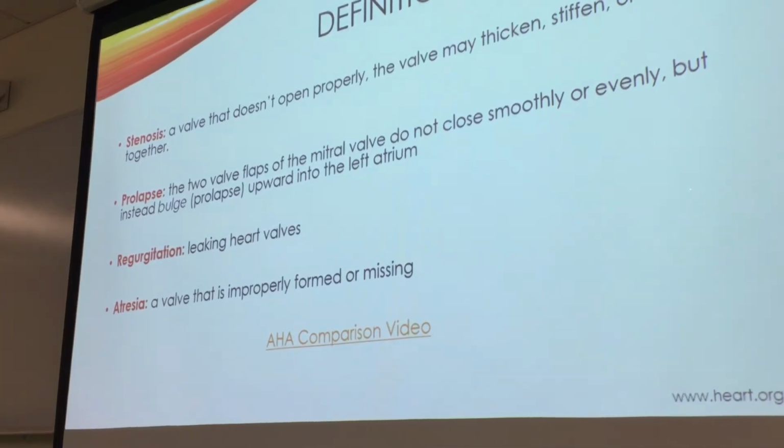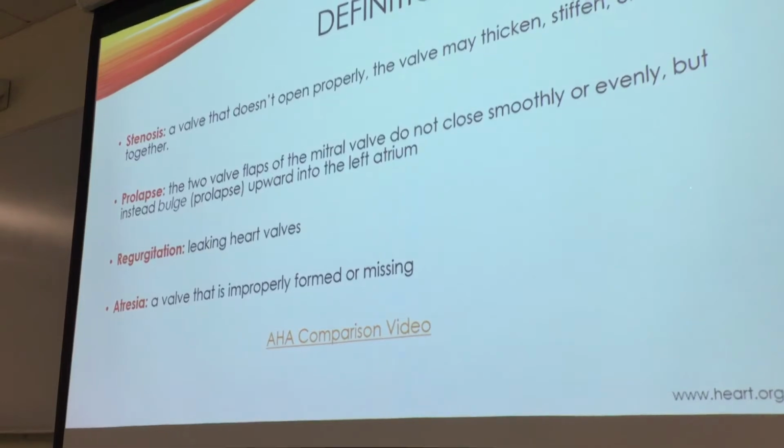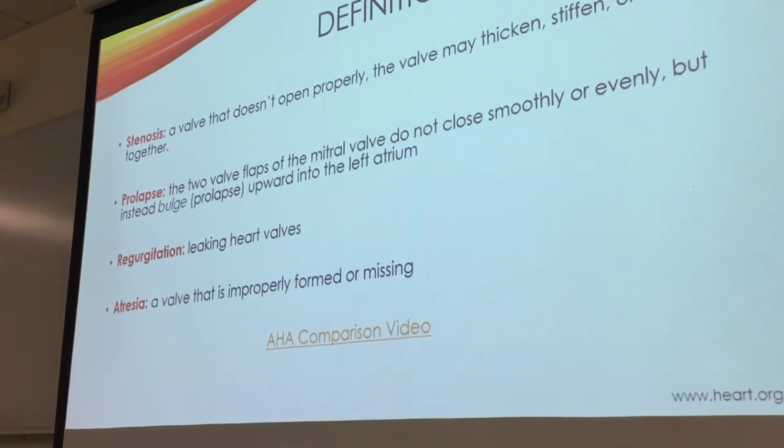And regurgitation is when you have a leaky heart valve, or your heart is pumping blood through a valve, and when it goes to eject it out into the systemic circulatory system, some of it leaks back up into the atrium. And then atresia is when the valve is improperly formed, or there's a piece of the valve that's missing.